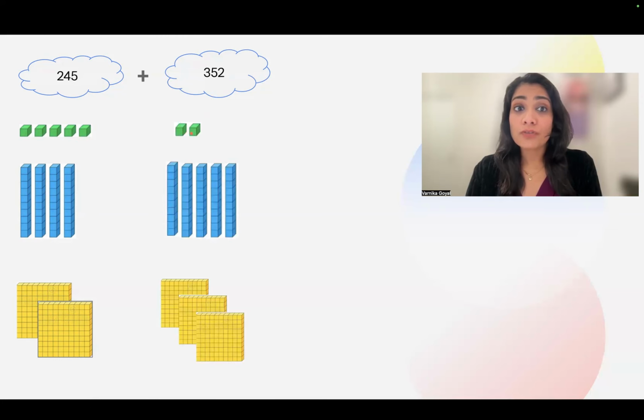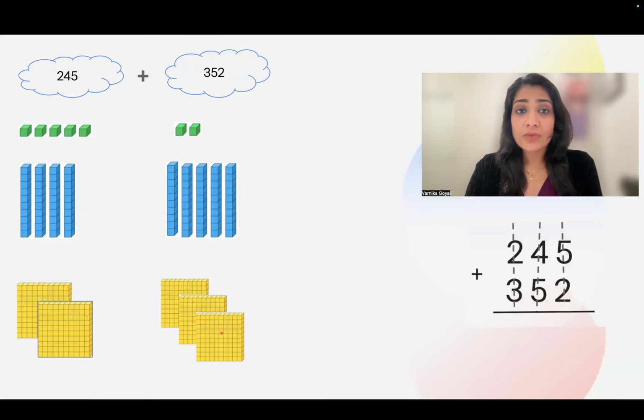How about 352? It's made of 2 ones, 5 tens, and 3 hundreds. So when we line them up and start to add 5 and 2 that were in the ones column, we are actually adding our 5 ones and 2 ones together, which gives us a total of 7 ones, which we write down here.